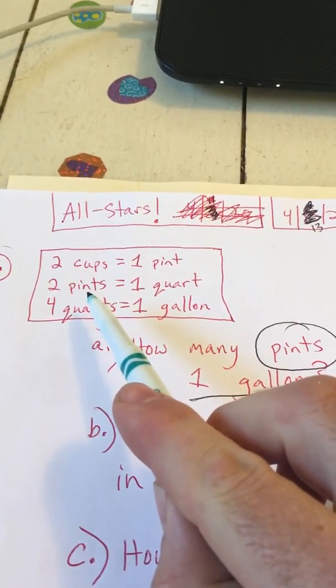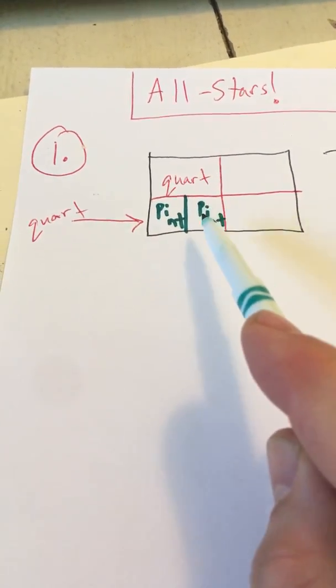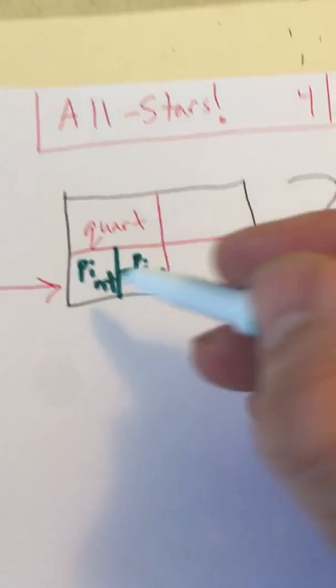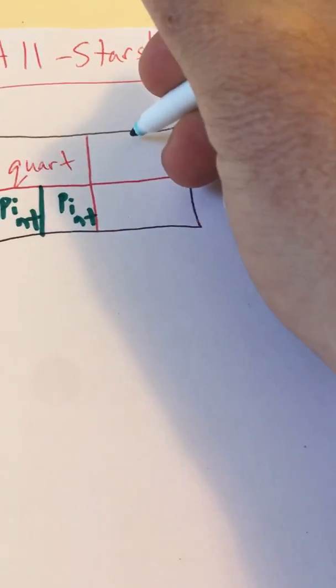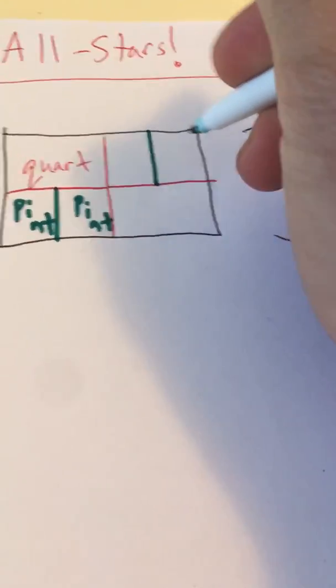So far we have 1 gallon is 4 quarts. 1, 2, 3, 4. There are 2 pints in 1 quart. So we took this quart here and we cut it into 2 pints. Now it says there are 2 cups in 1 pint. So each of these would have 2 cups in them. So let's do it up here again. If this is a pint, this much is a pint.